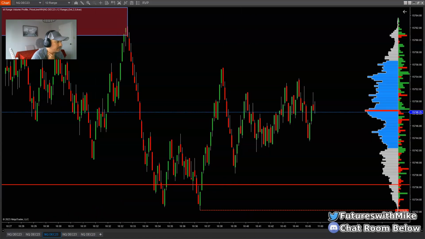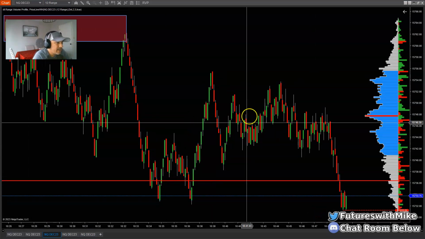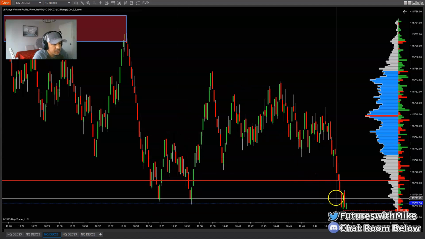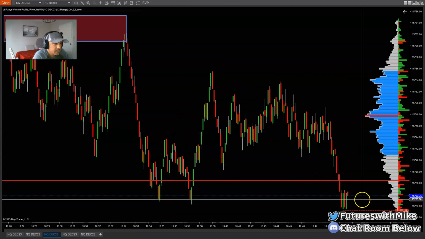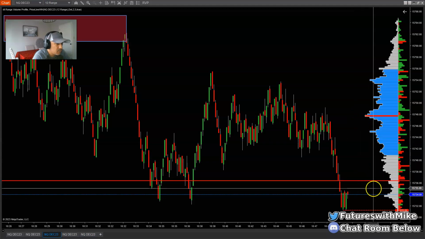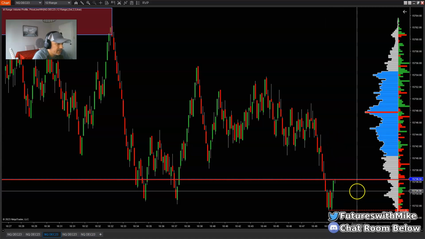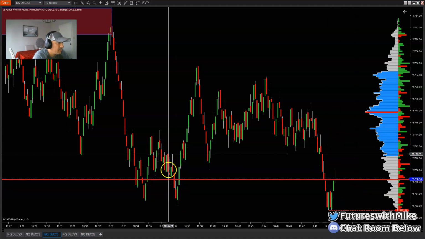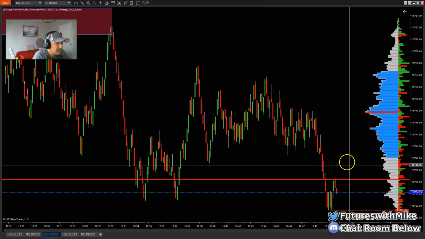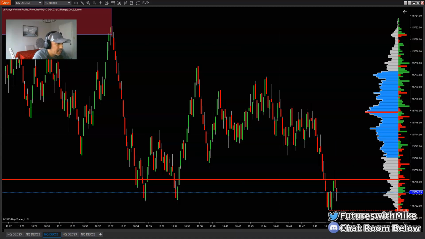Still breaking structure to the downside on the lower time frame. Even though we had a pullback right here, it broke structure coming back down. Now it's just a matter of waiting to see. I don't really see any clear areas or good areas of supply to trade from, even within this area here. So it's just going to be a matter of waiting it out.